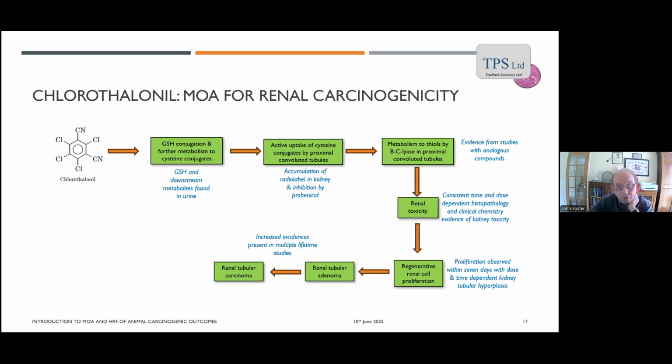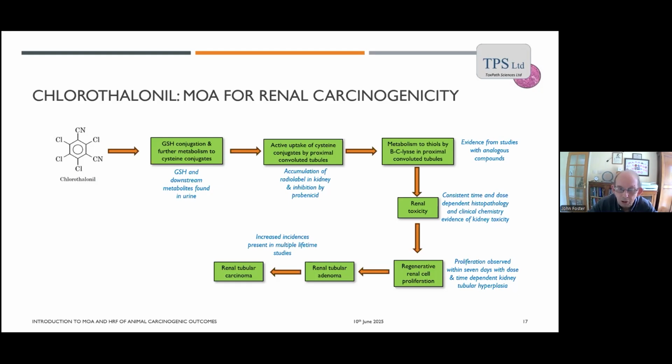So for the mode of action for renal carcinogenicity, we got glutathione conjugation. We could see this because we measured metabolites, so some biochemistry involved in this, some mercapturate metabolites in the urine. We got accumulation in the kidney, and we could inhibit this accumulation by treating animals with probenecid, an inhibitor of the anionic transporter system.